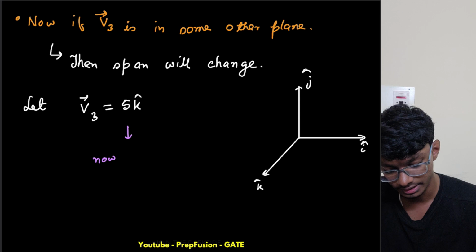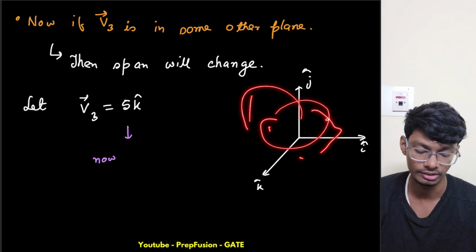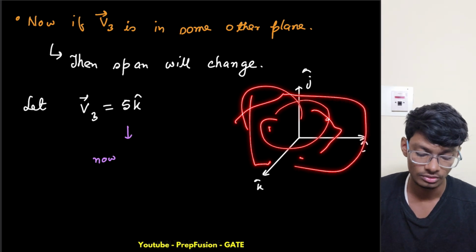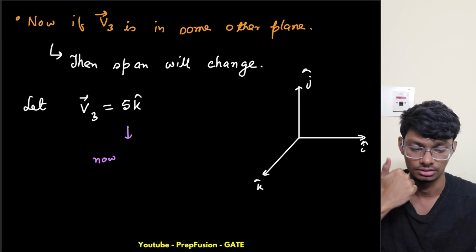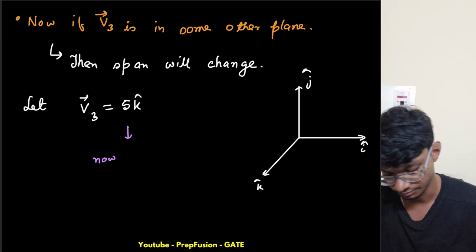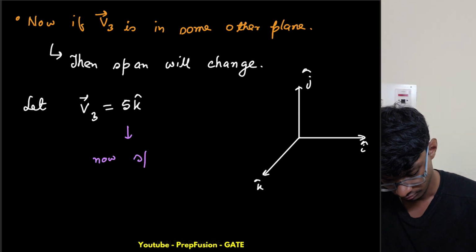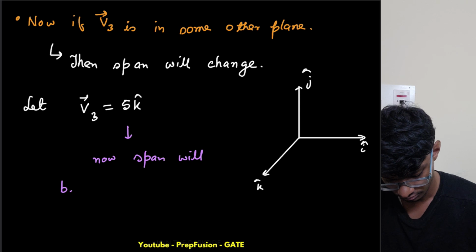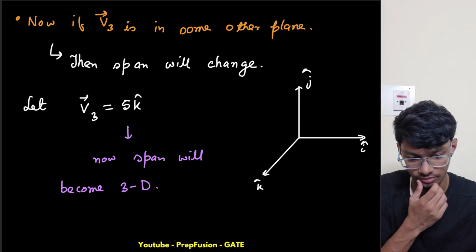So I can get a combination of i, j, k at all the points. So whatever I get, I will get a volume. So I will be able to cover the whole 3D space. So the span will become 3D.